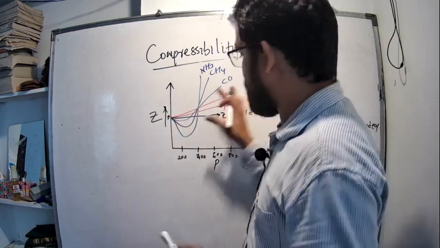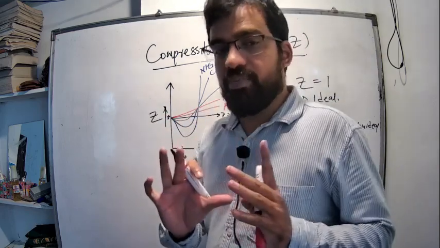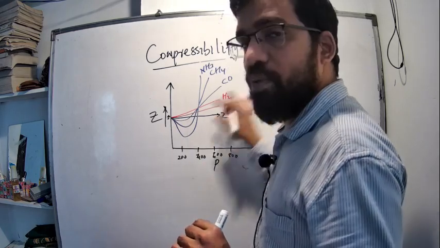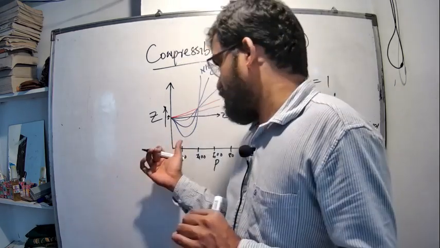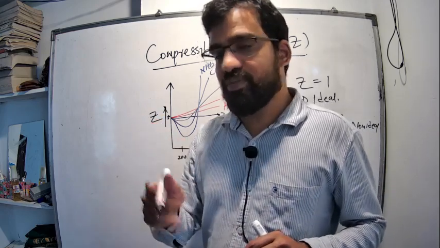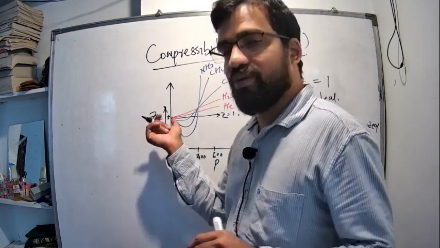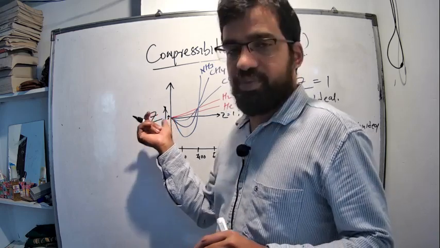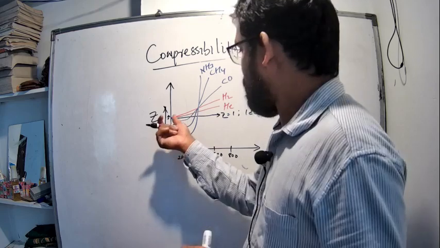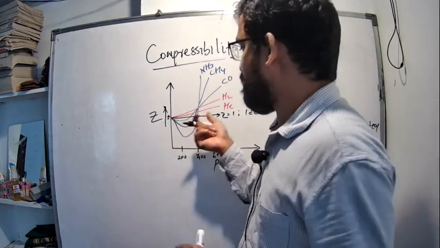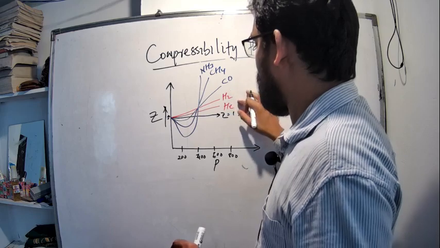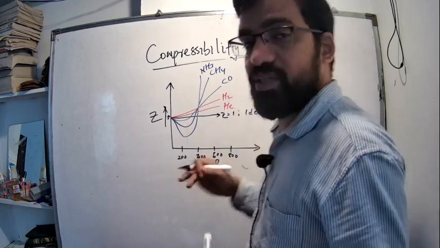Overall, three behaviors have been observed. First, at low pressure, all gases have Z very close to 1, because the graph starts from 1. But when the pressure increases, some gases always show Z greater than 1.